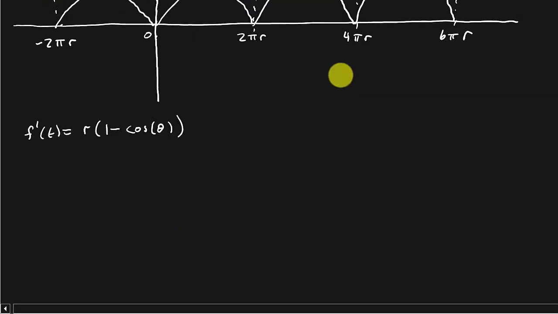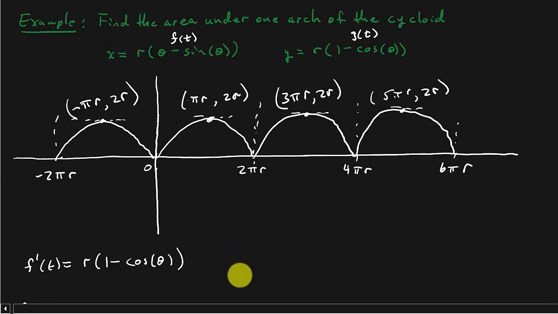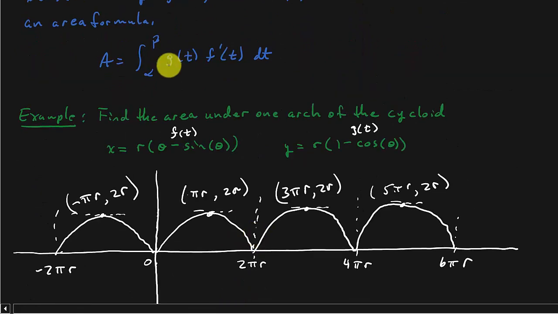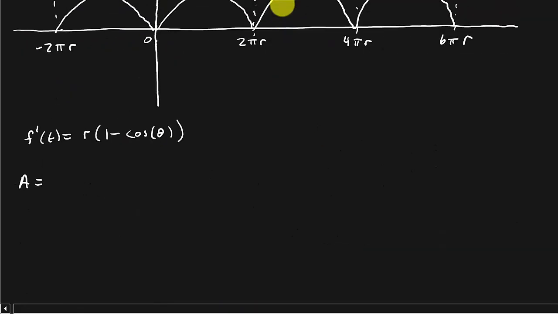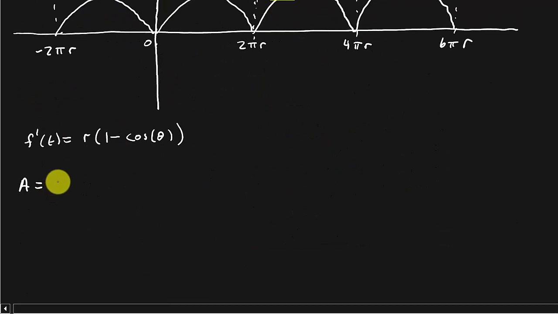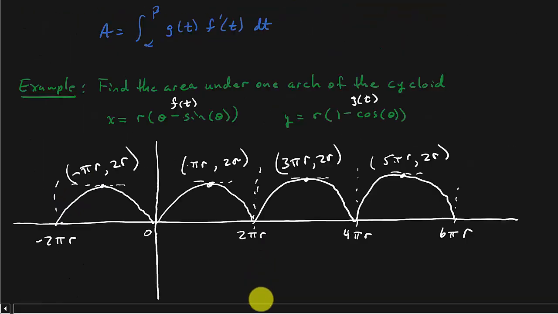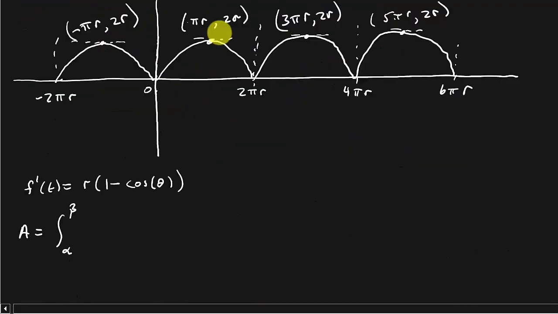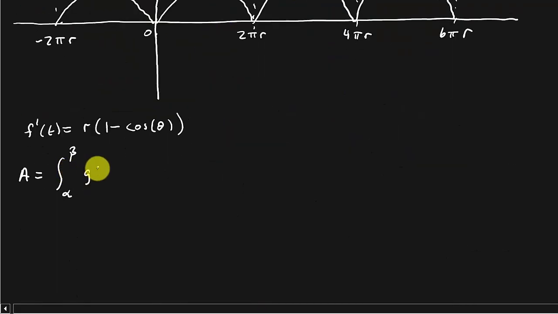And then I know my formula for the area is this, from alpha to beta, g of t times f prime of t dt.